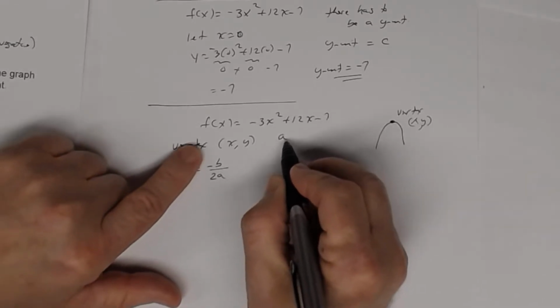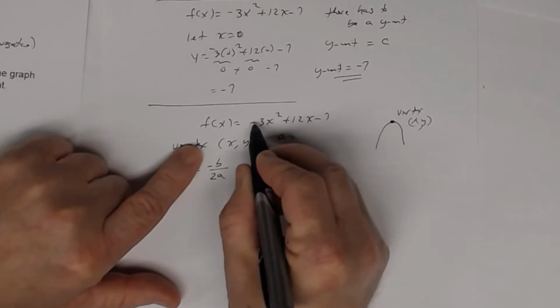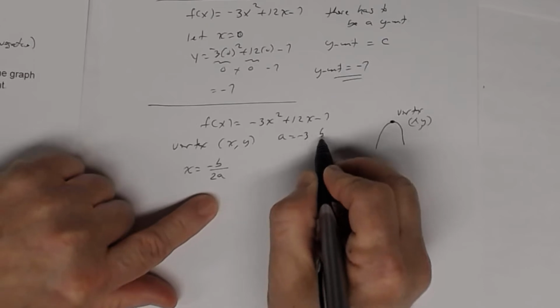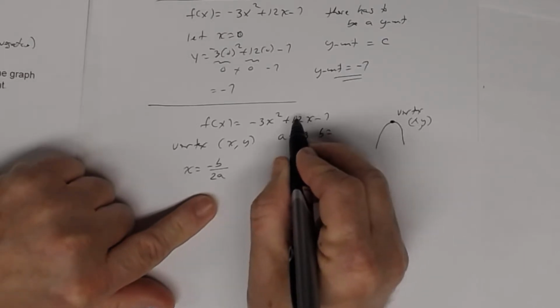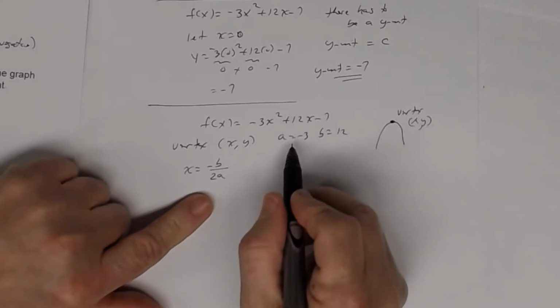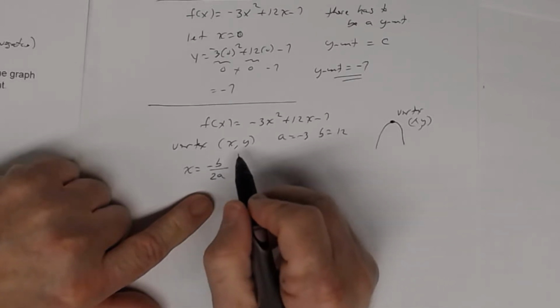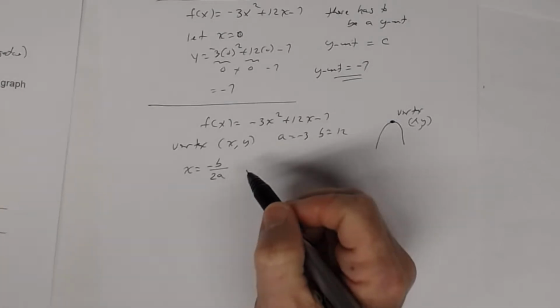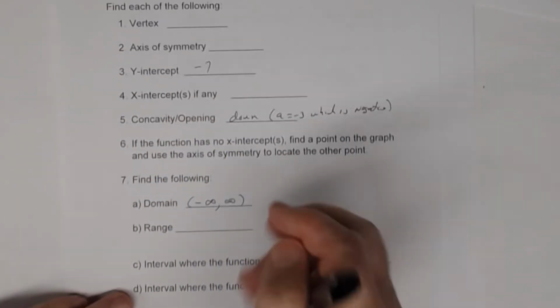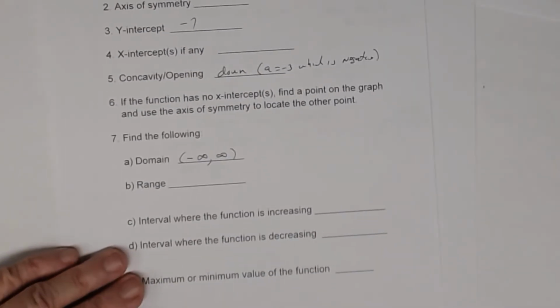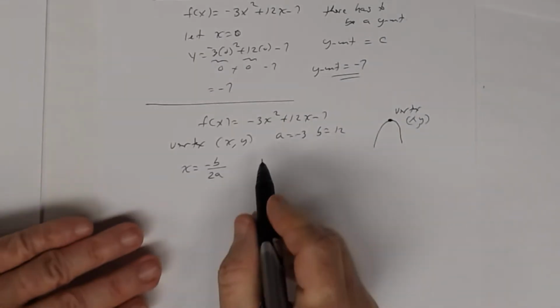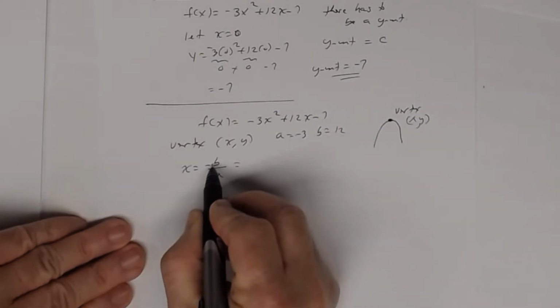A is the coefficient of x squared, so that's negative 3. B is the coefficient of x, and that's positive 12. You better make sure the numbers you put here are correct. Otherwise, your vertex is going to be incorrect, and some of this information will be incorrect. All right, so remember, negative b means the opposite of b.